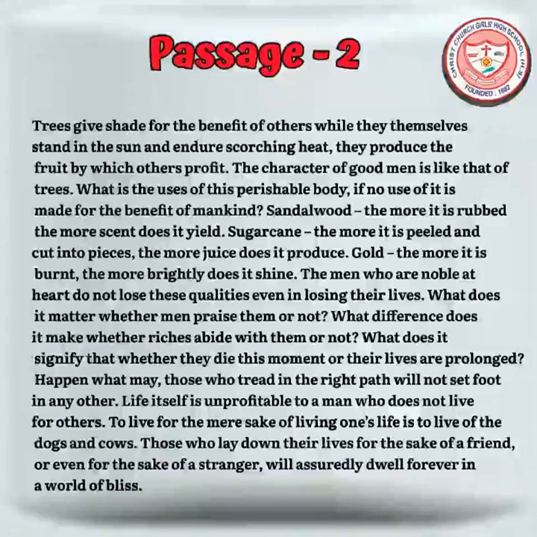Passage number 2. Trees give shade for the benefit of others, while they themselves stand in the sun and endure scorching heat. They produce the fruit by which others profit. The character of good men is like that of trees. What is the use of this perishable body, if no use of it is made for the benefit of mankind?